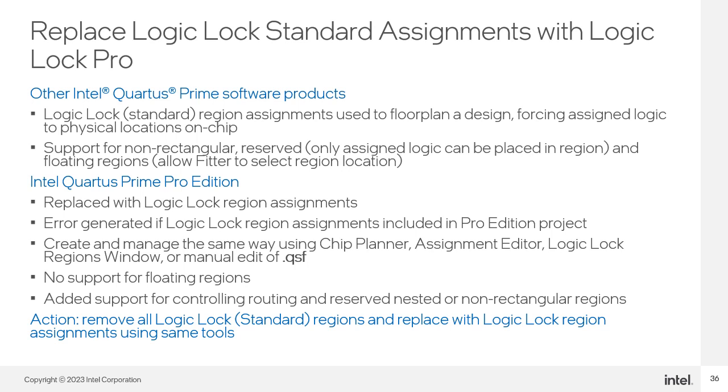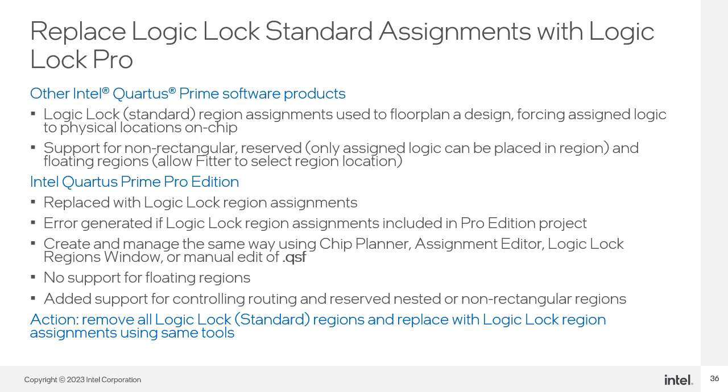Regions can also be reserved or floating. A reserved region prevents the fitter from placing any logic in the region, other than the logic assigned to that region. A floating region is a region without a specific assigned location on the device, allowing the fitter to choose the best location based on design constraints, including resource usage and timing requirements.